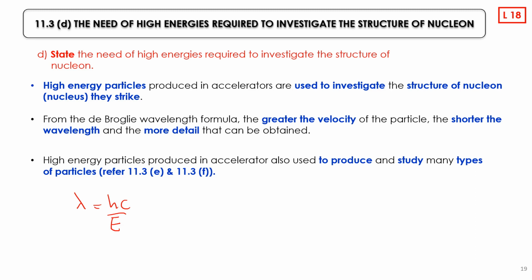We know that the greater the velocity of the particle, the bigger the energy is, and the shorter the wavelength, and the more detail can be obtained in terms of new particles. And the high energy particles produced in the accelerator are also used to produce and study many types of particles that we're going to study in the next few slides in the standard model of particles.